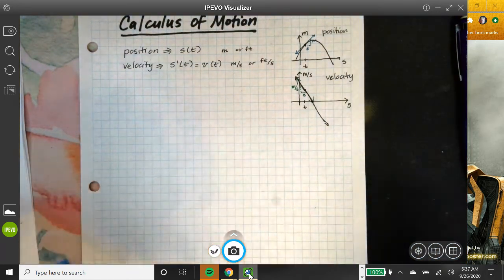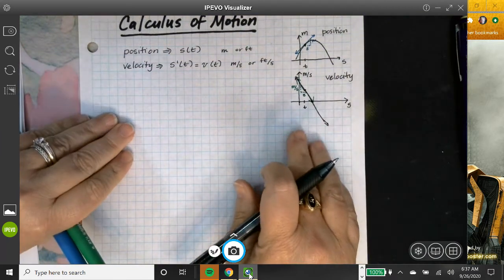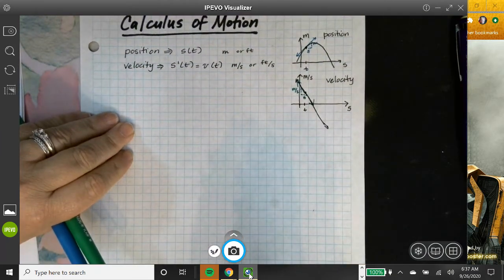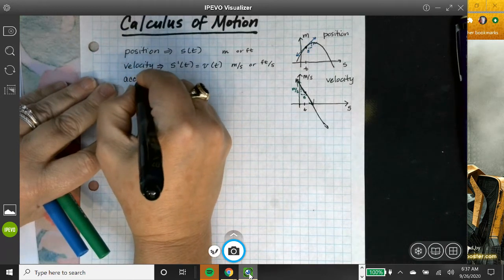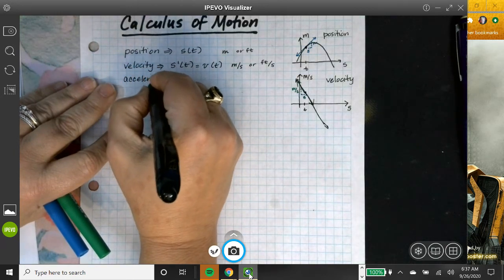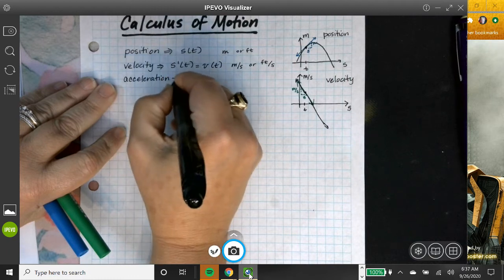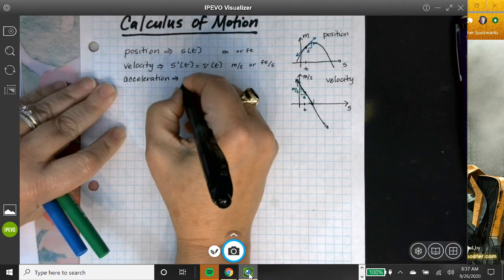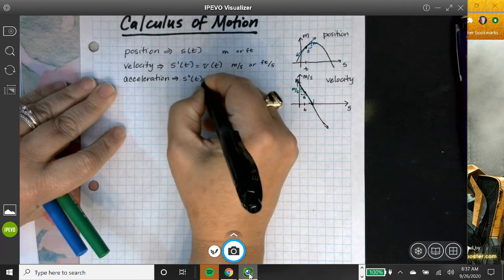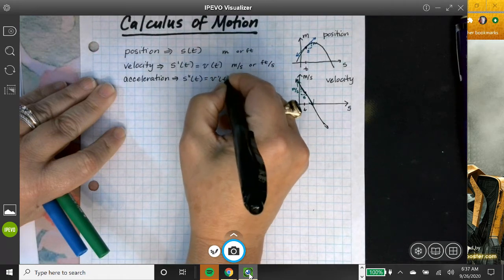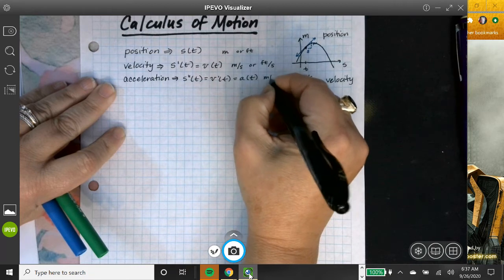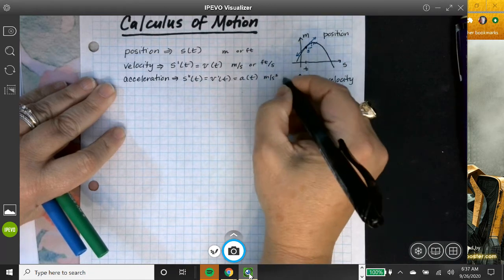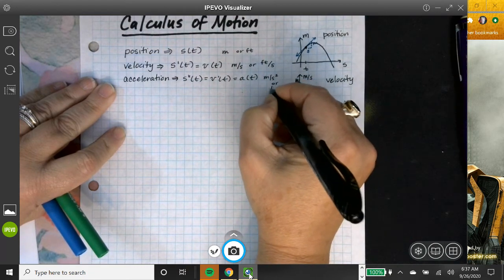So the instantaneous rate of change of the velocity is going to be acceleration, which would be the second derivative of position, the first derivative of velocity, and we usually denote that as a of t. And that's going to be in meters per second squared, or feet per second squared.